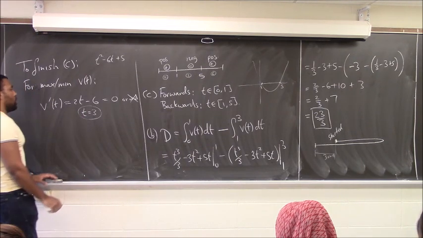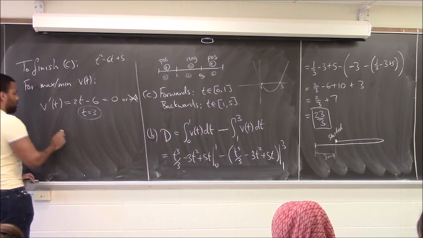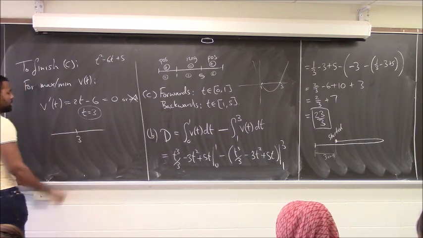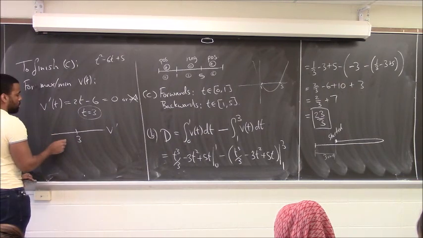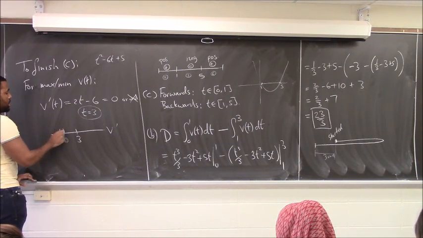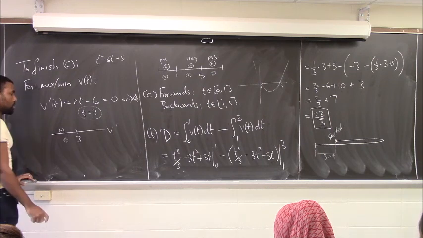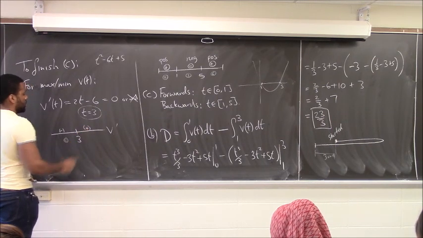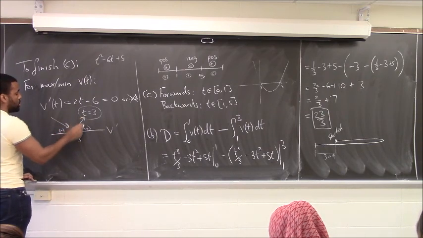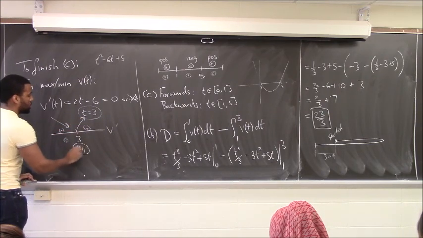Okay. Now, you can test that critical point in the derivative. If we plug in a number over here like 0, I get it's negative. Plug in a number over here like 4, I would get it's positive. So it's decreasing here, increasing there, so this is where the minimum occurs.